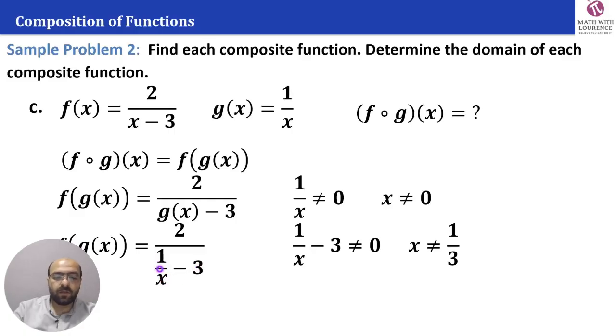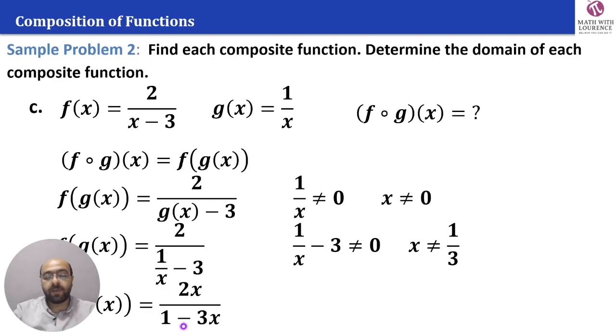So I multiply the 3 by x. It equals 1 minus 3x over x. Because x is in the denominator, I will move it to the numerator, since I have a fraction over a fraction. I take the reciprocal to the numerator.